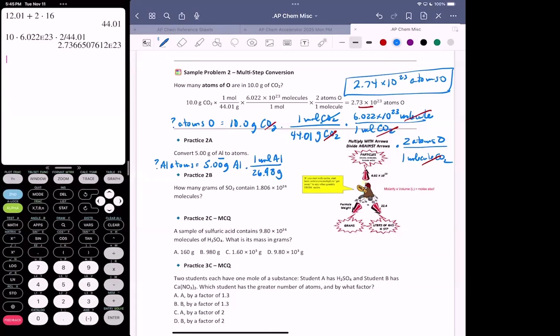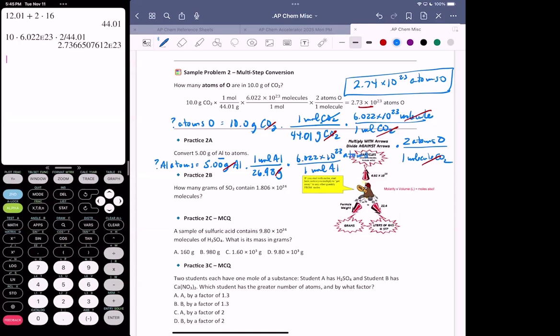Once I've converted that to moles, I can convert straight to atoms because I know that 1 mole of aluminum contains 6.022 times 10 to the 23rd atoms, and the moles cancel out.